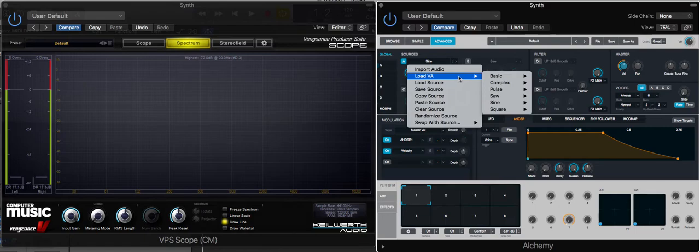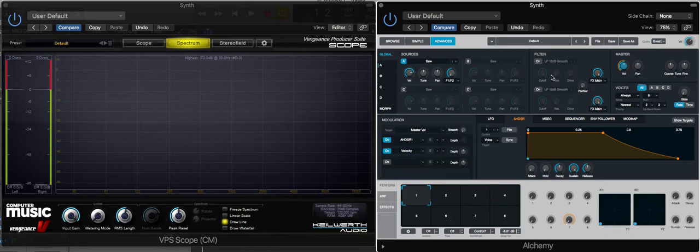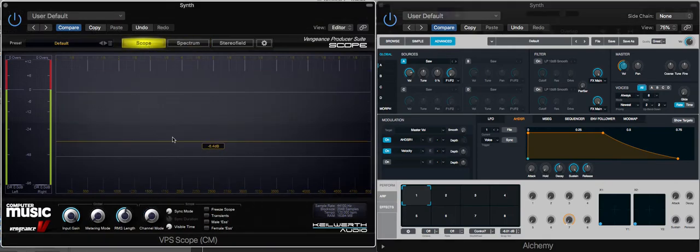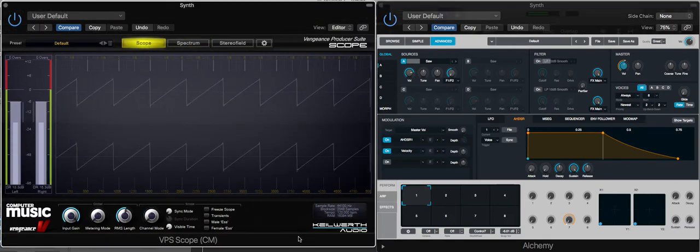So in Alchemy, I'm just going to go to the sources section, and we are going to load this time a Sawtooth Wave. Okay, so first of all, let's have a look at what it looks like in the scope.